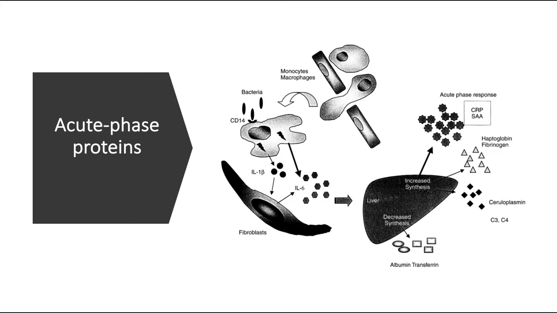Synthesis of these molecules in hepatocytes is stimulated by cytokines. Many acute phase proteins, such as C-reactive protein and serum amyloid A protein, bind to microbial cell walls, and they may act as opsonins and fix complement.